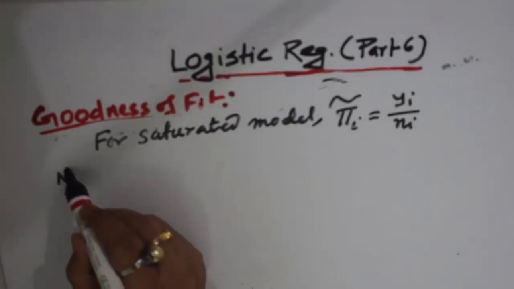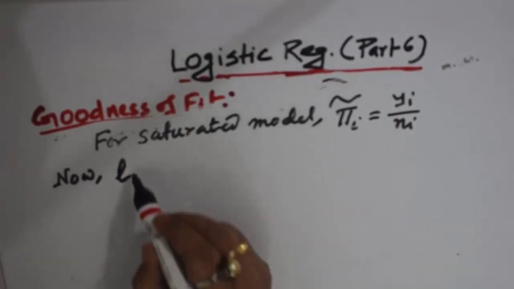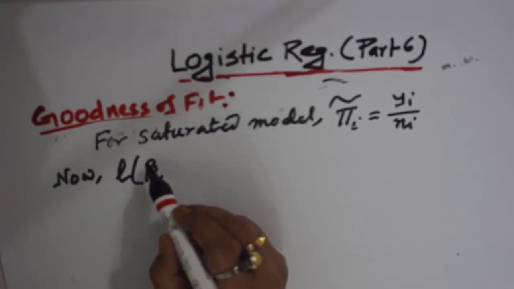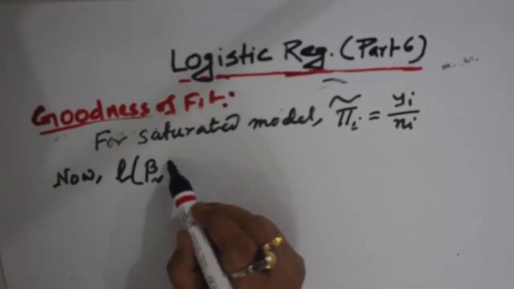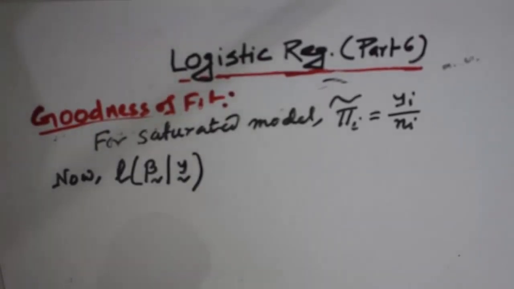Now, the log likelihood function of beta curl given y curl.